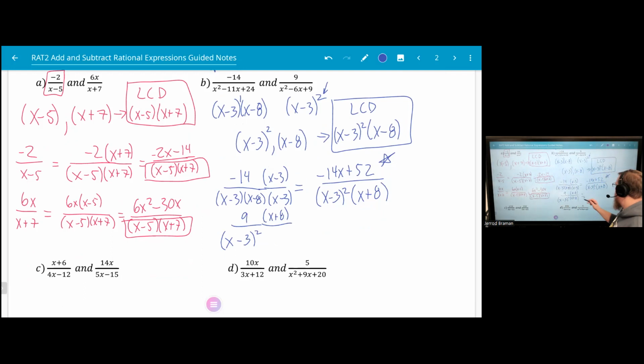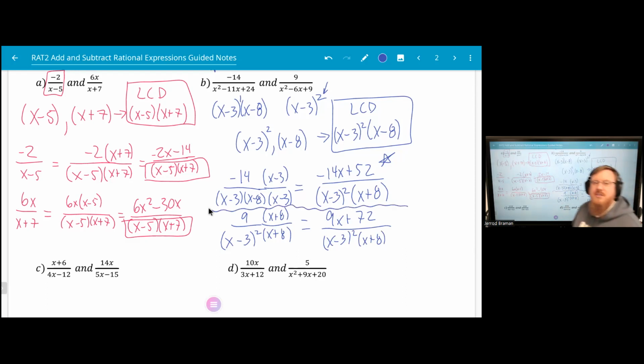If I do that and distribute through, I have (9x minus 72) divided by (x minus 3) squared times (x minus 8). I have two equivalent expressions now. And if I needed to, I could add or subtract them, which we'll do next.